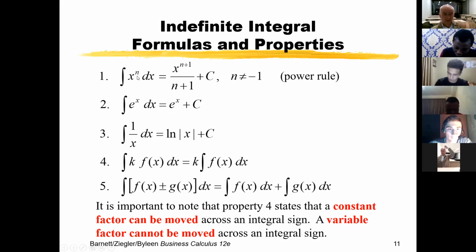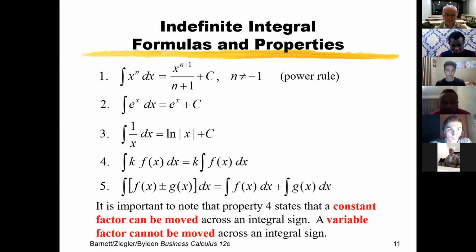Now, in the first formula, what happens if n equals -1?